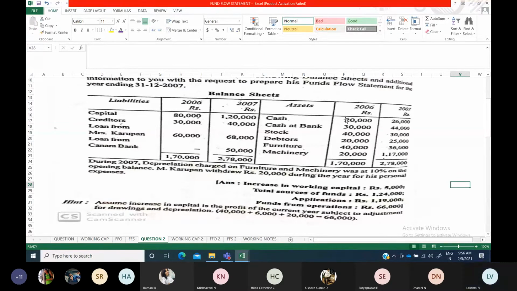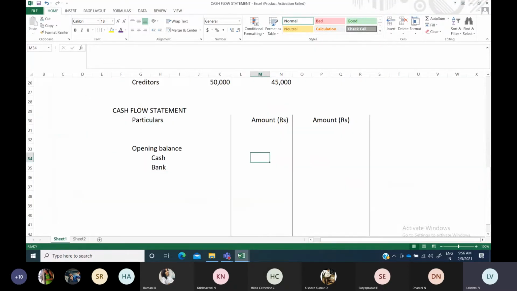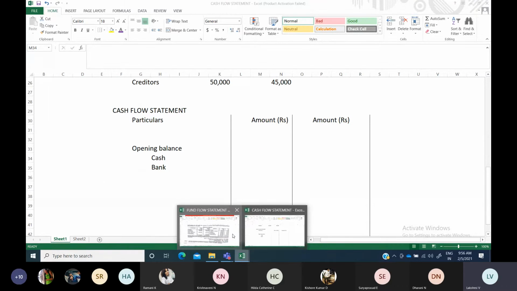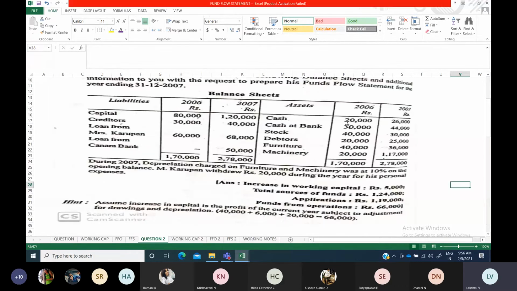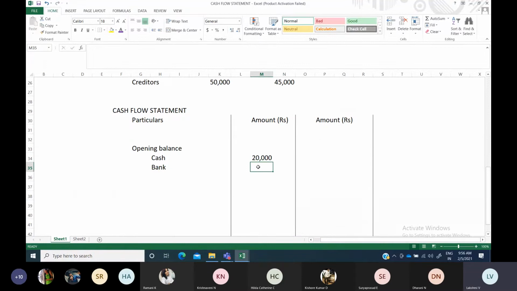But in some questions it will have even bank also. Then you have to take both, 20,000 and 30,000. 20,000 plus 30,000 is 50,000 you have to take. So you will write here 20,000, 30,000. So the amount is 50,000.